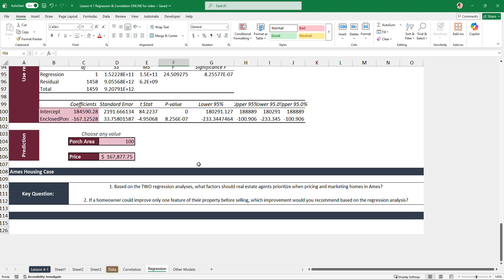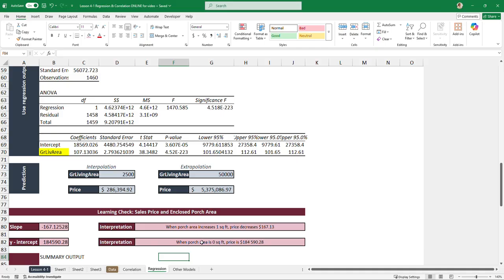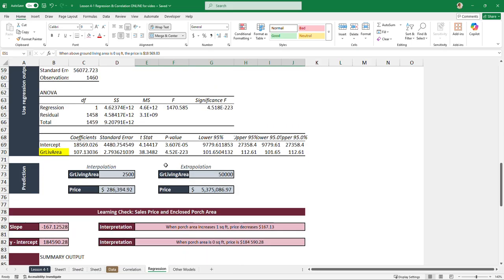Again, you'd have to look at all of the variables individually, like overall quality, year, etc., to actually know how all of the features impact selling price. But for these two we've analyzed, you could say get rid of the porch because it decreases value, or better yet, convert your porch to actually full usable house space that's considered above ground living area. That will help you to increase the price.